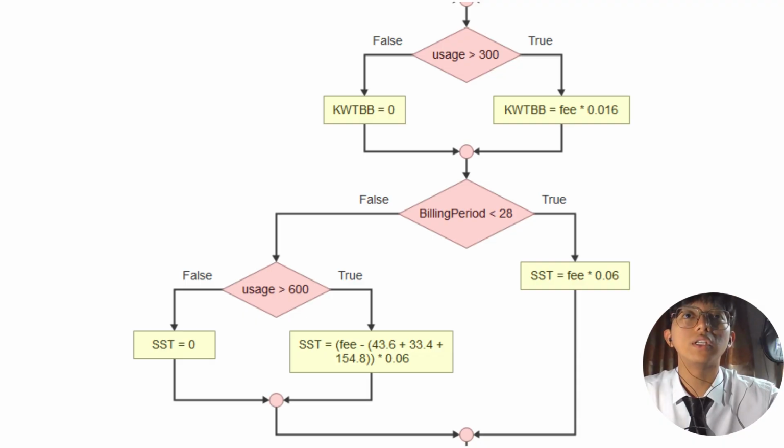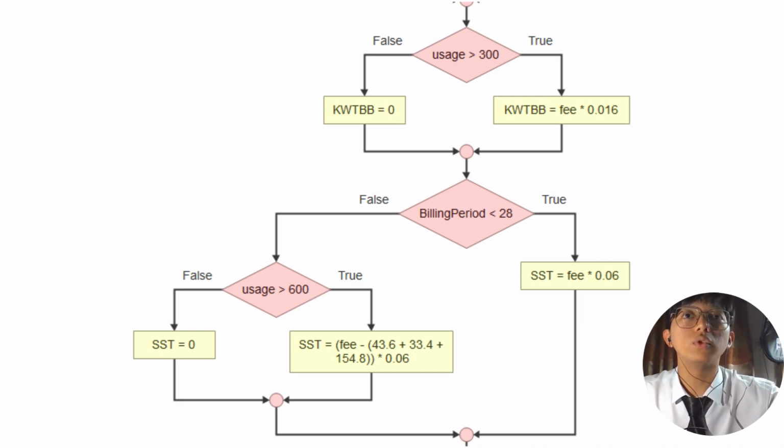The next decision is whether the billing period is less than 28. If true, we calculate the SST, which is the fee multiplied by 6%, or 0.06.